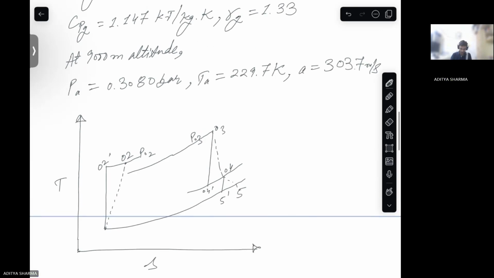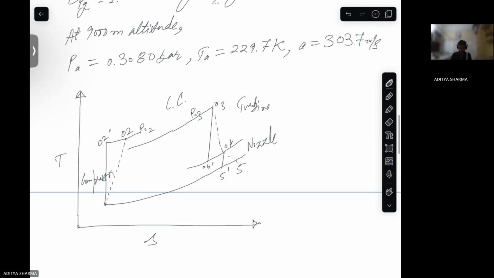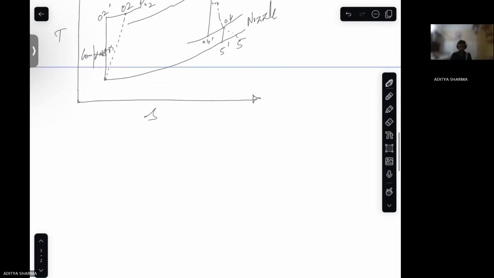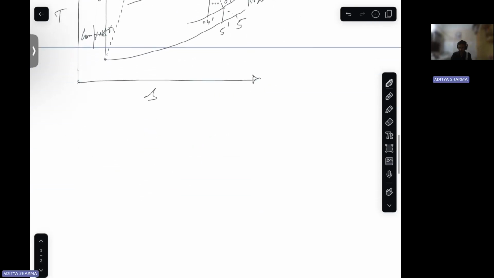Then, so this is your compressor, combustion chamber, turbine. Okay. Then we'll see the question.